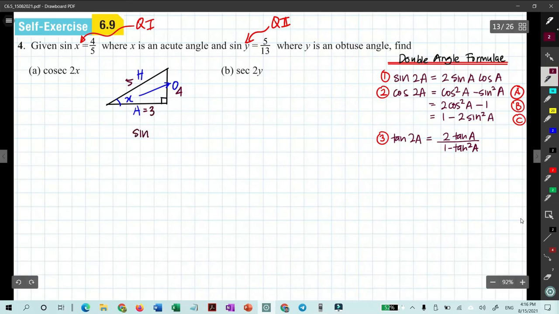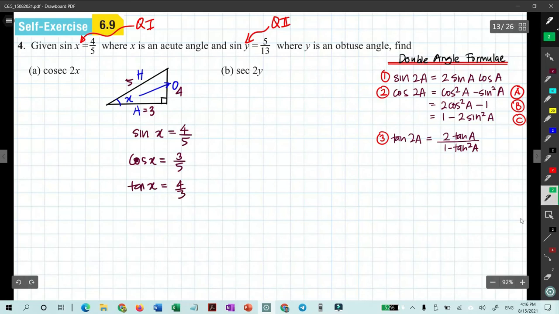So sine x equals 4 over 5, cos x is adjacent over hypotenuse, so it's 3 over 5, and tangent x is equal to 4 over 3.